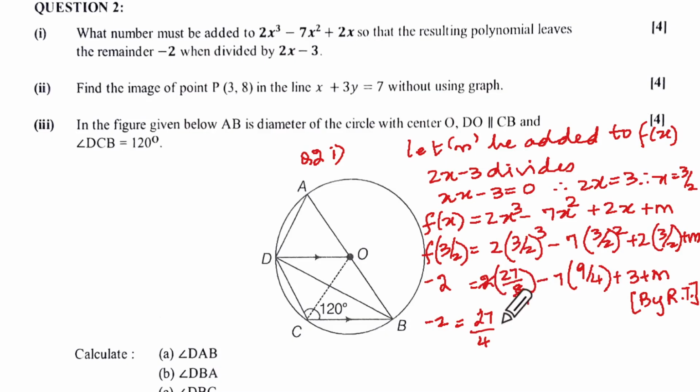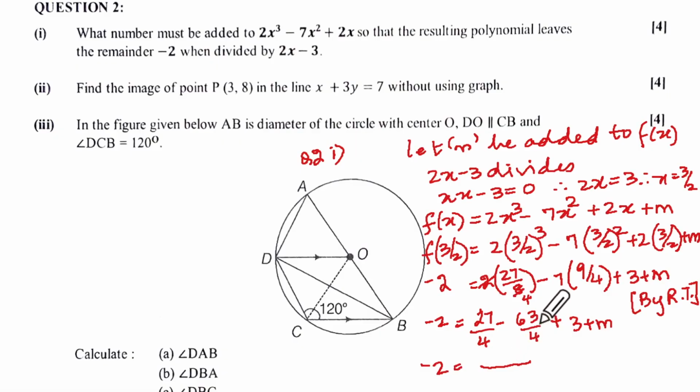27 upon 4, 63 plus 3 plus m. How much are you getting? 63 minus 27?